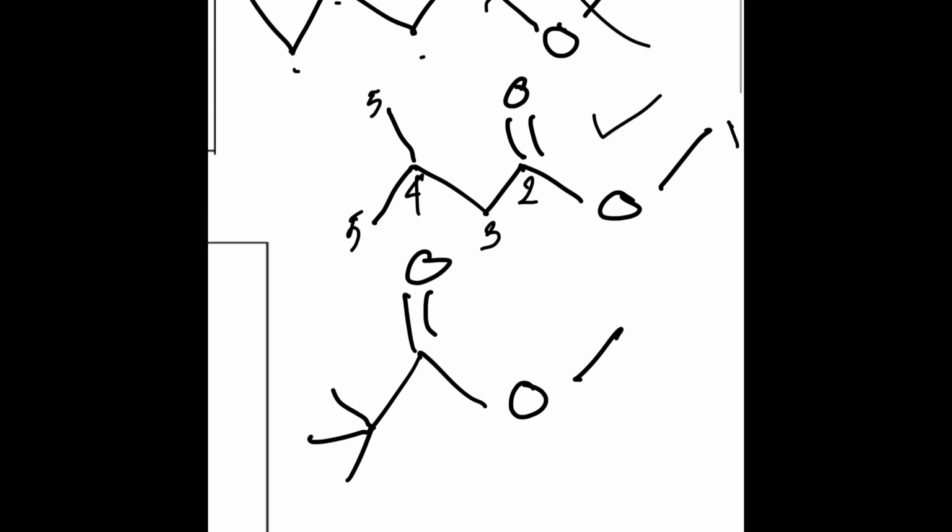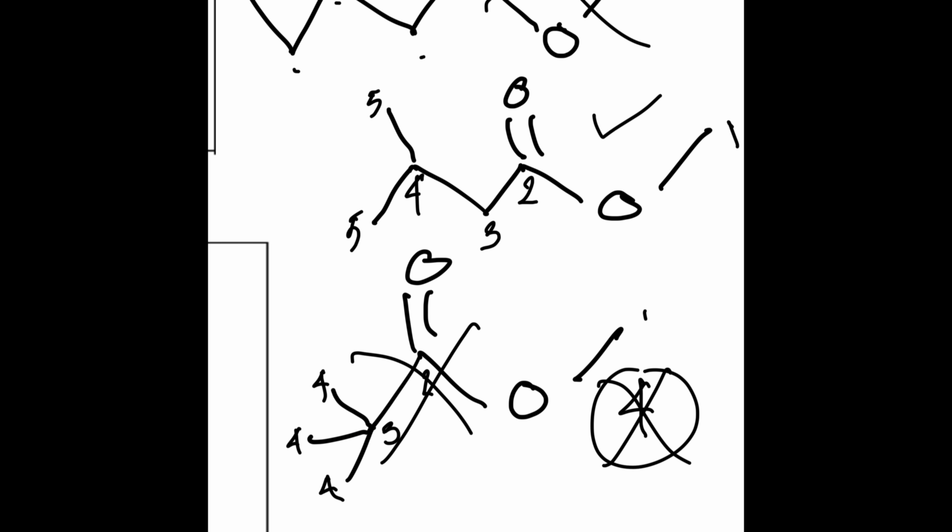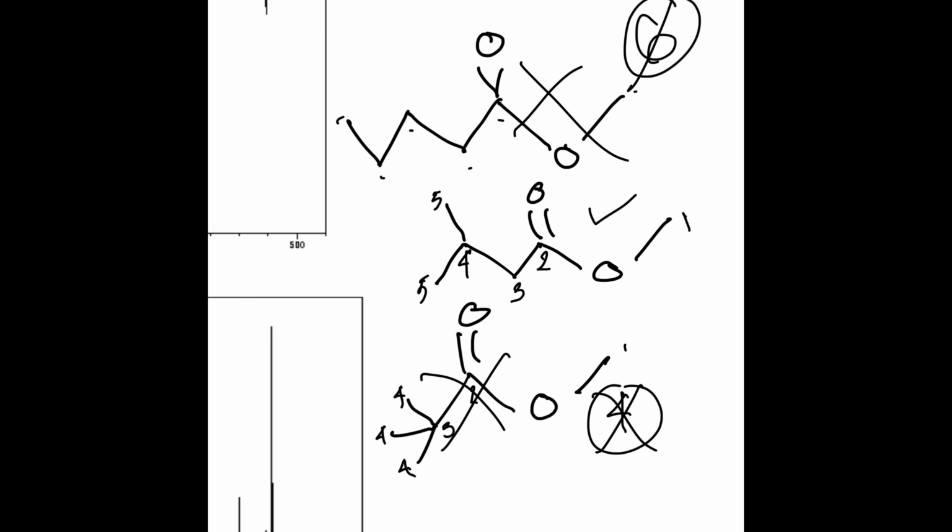This last structure, we're going to count again. 1, 2, 3, 4. But these ones are going to be 4 as well. So there are only 4 unique carbon atoms in this structure. So this structure is not going to work either. So the real structure in this case is going to be this middle structure right here.